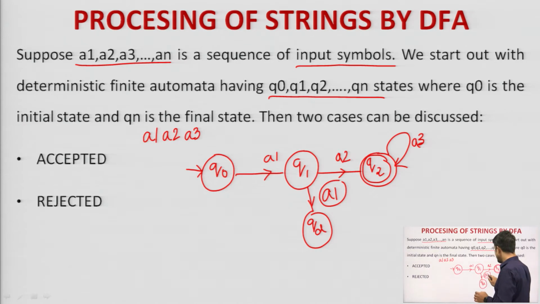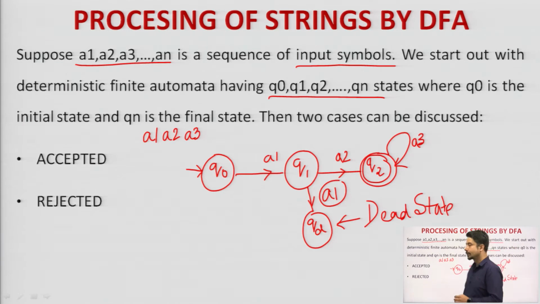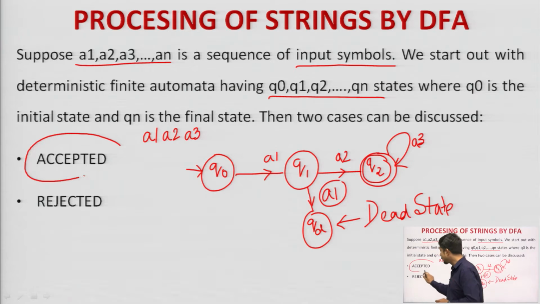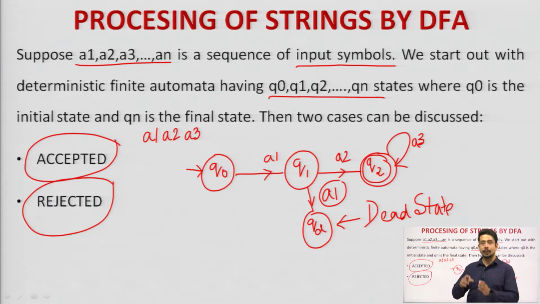Then this particular state is said to be the dead state, and it is also said to be the rejection part. So this is the accepted part, where it ends in the final state, and where it is rejected is a state from which there is no transition to the final state. So processing of strings by a DFA is done in 2 ways, accepted and rejected.